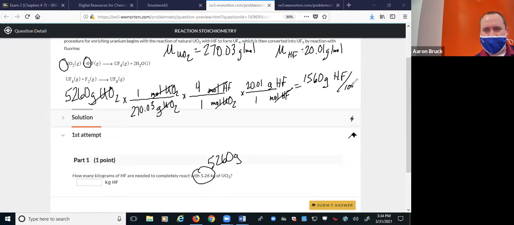We divide that by 1,000, and 1.56 kilograms is our answer.